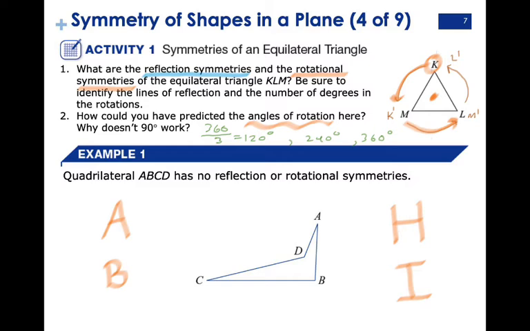Think about some of the letters as well, right? Do some of these have any rotational symmetries as well? And we could see the letter I, right? If we flip it all the way around, it's definitely going to have one at 360.